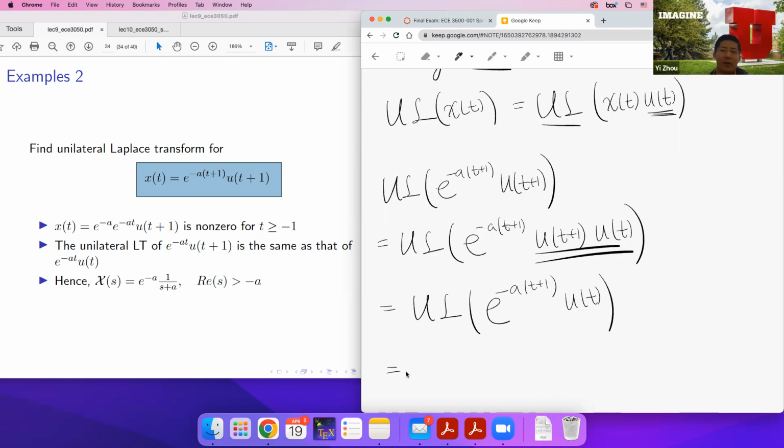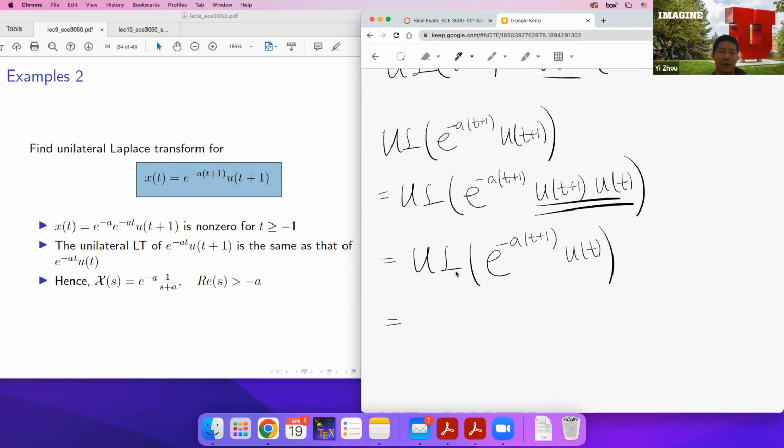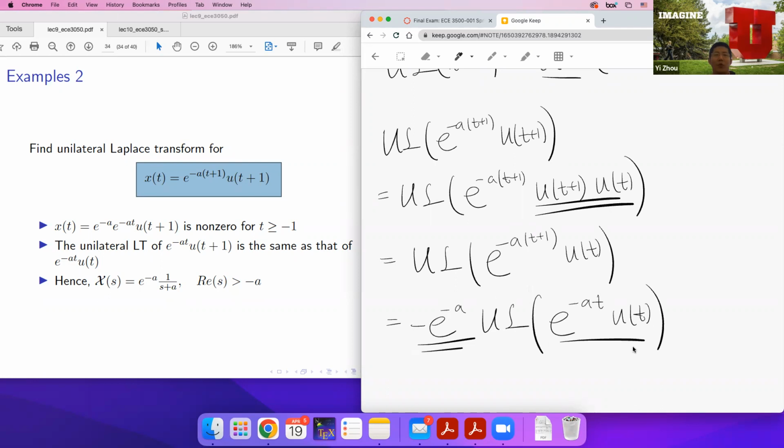And then by linearity, now again, this is another way to write out the previous proof. By linearity, I can pull out a constant factor. I pull out this constant factor, and inside I have this normal causal signal.